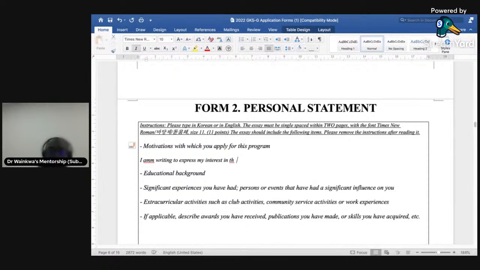Interest in the Global Korean Scholarship in, is it master's or PhD or research? Mind you, you can apply for just one in, let's say, biology.